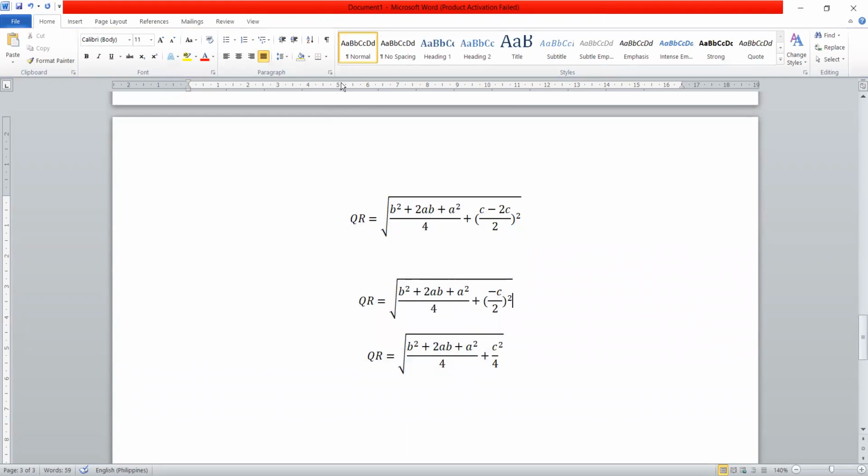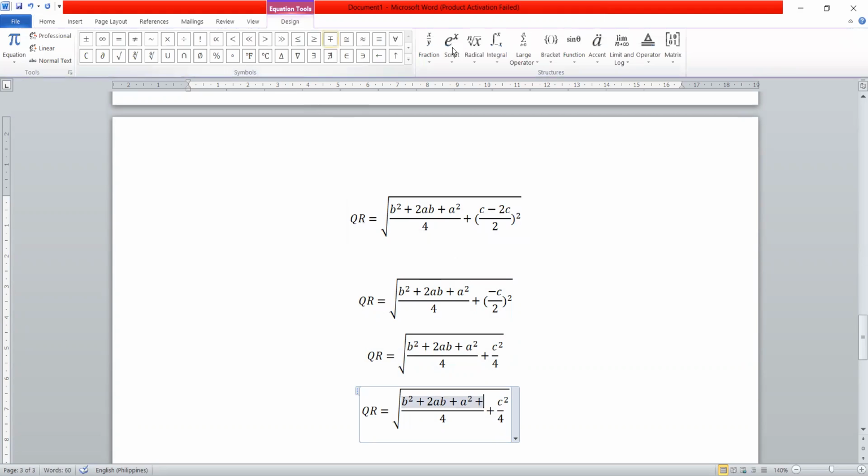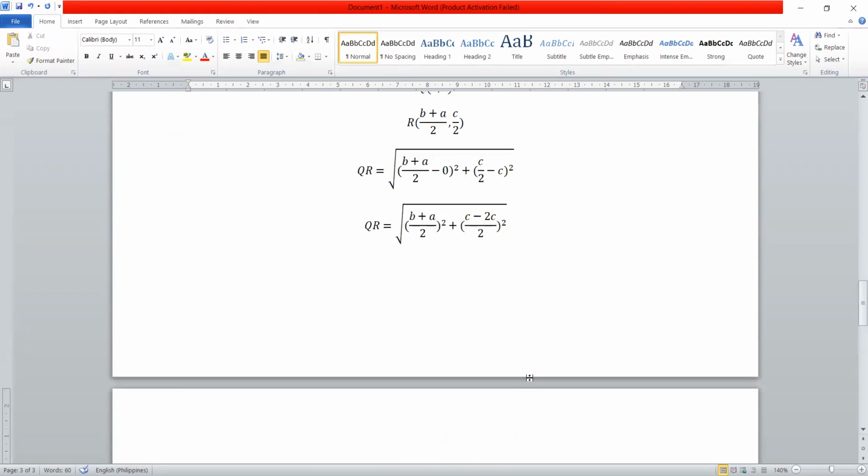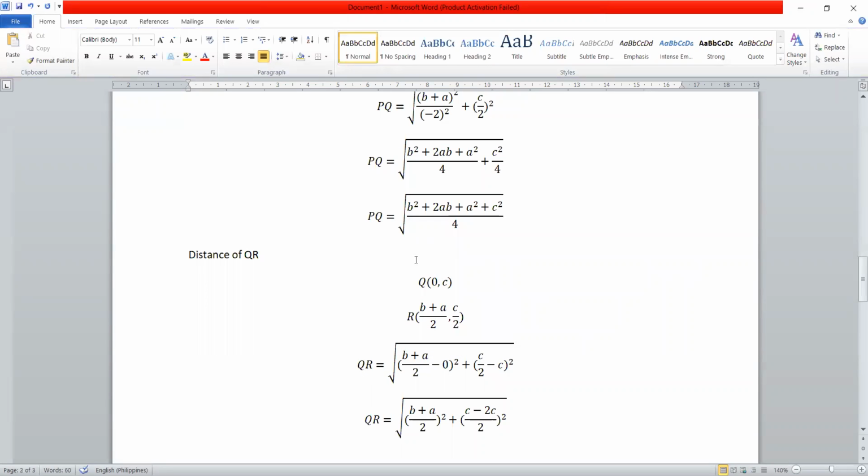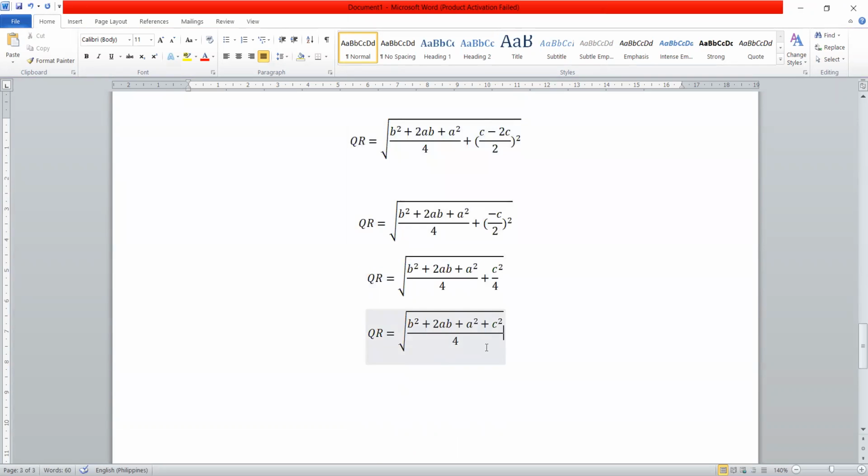Next, simplifying further, you can add the numerators again because you have the same denominators. So that will be b squared plus 2ab plus a squared plus c squared over 4. So you can just simply remove c squared over 4. So as you can see, you already have equivalent distance for your PQ and QR.